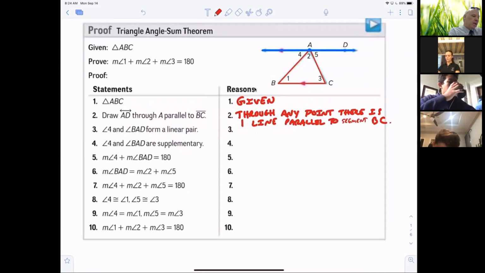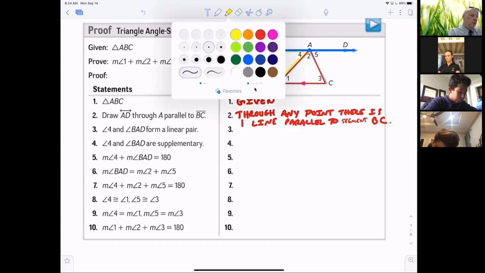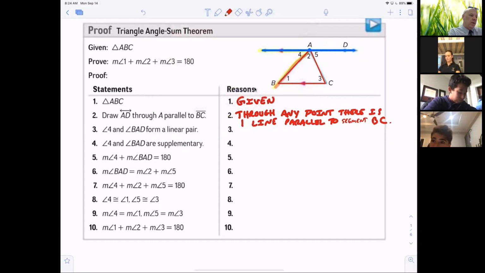Now let's highlight what it says next. Angle 4, which is right here, that angle, and BAD, which is this angle right here, form a linear pair. And we can just say that's the definition of a linear pair.